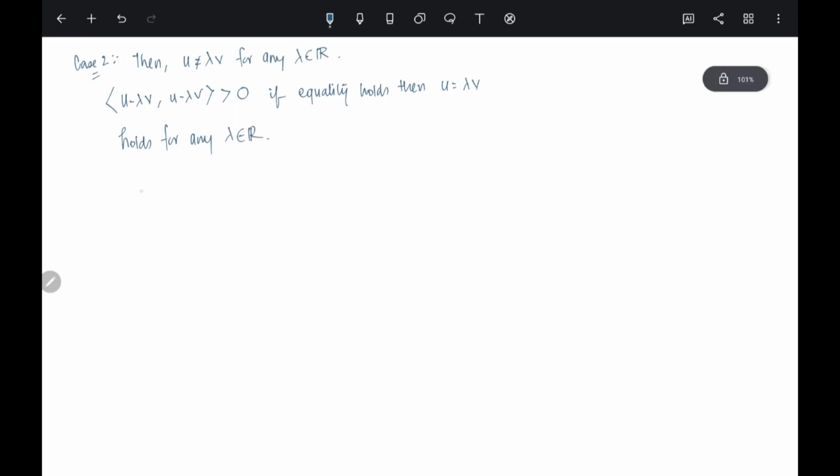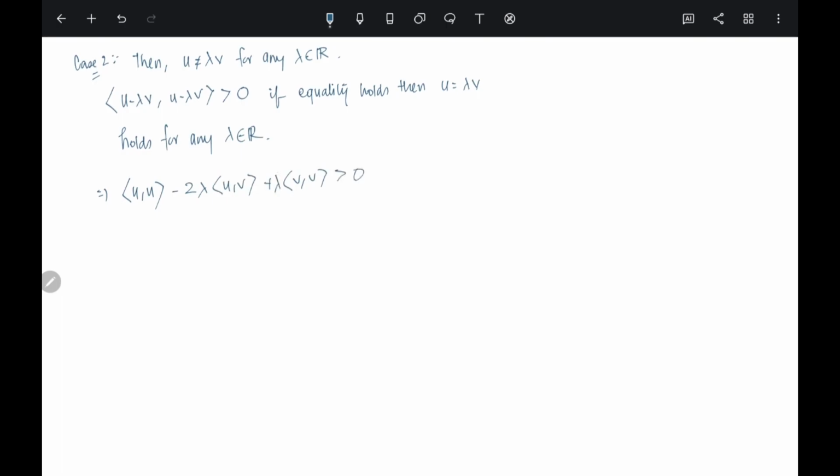So you see, now what is happening is this. If this is true, then let's break it up. If you break it up, it is U inner product with U, minus 2 times lambda U inner product with V, plus lambda square V inner product with V. Sorry, there is a lambda square here. This is what we are going to get, which is strictly positive, right?